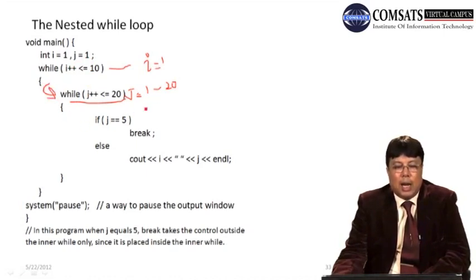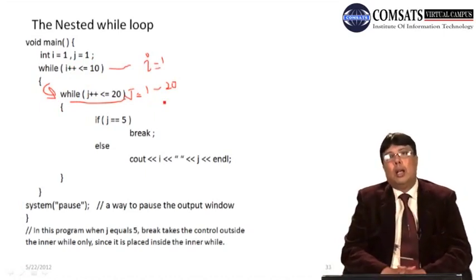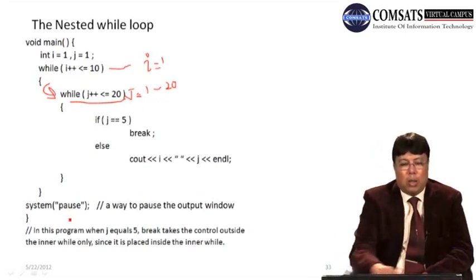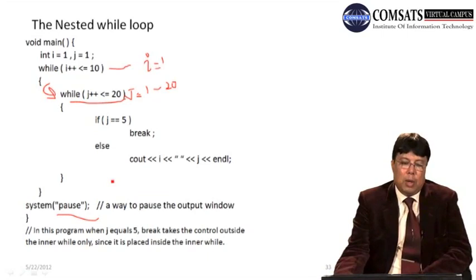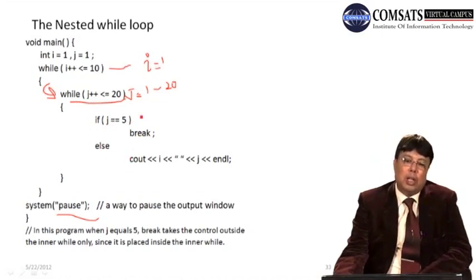So that's why I say it is very interesting to find out what the output is. Read out the output on the output screen. It has a pause so that you are able to read it and then try to link up how the output is being displayed on the screen. Every time it keeps printing one single output, the pause will stop the screen. So try to analyze how the values of the variables are changing.